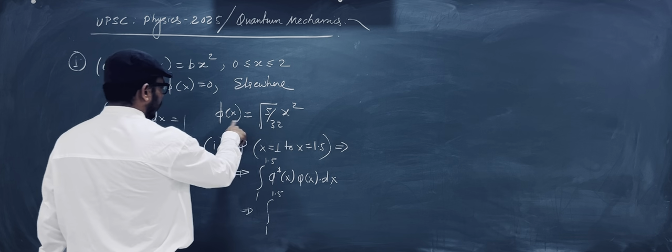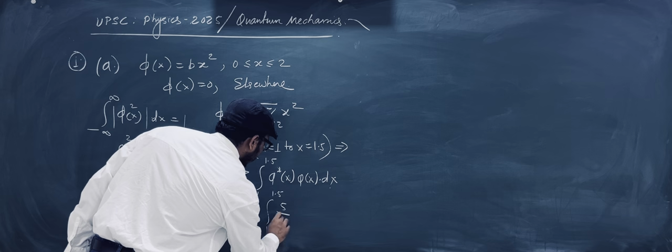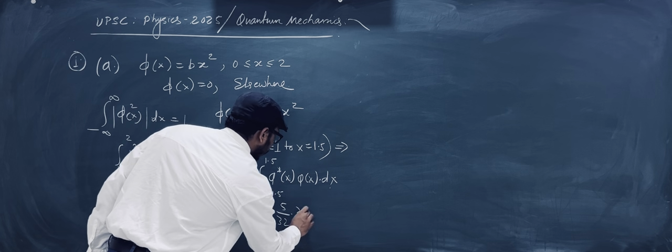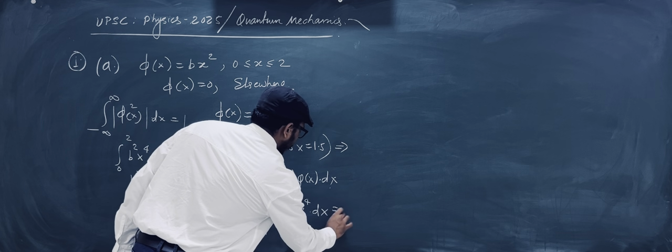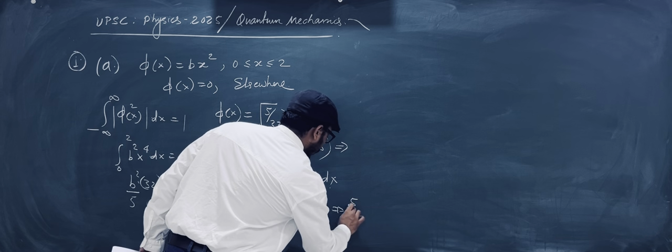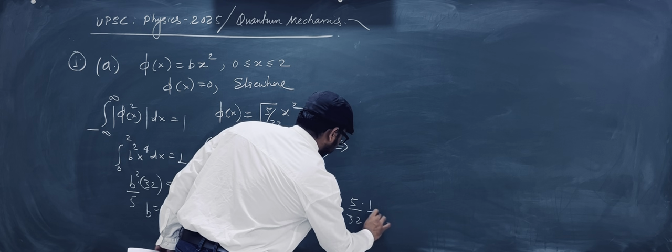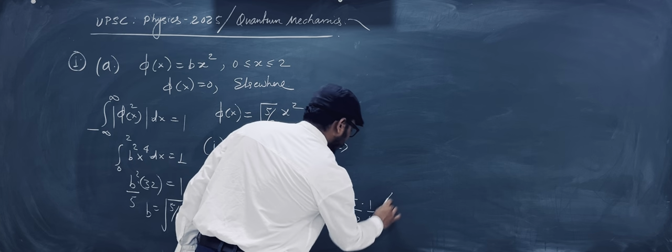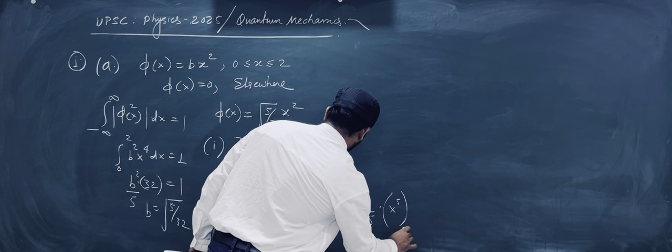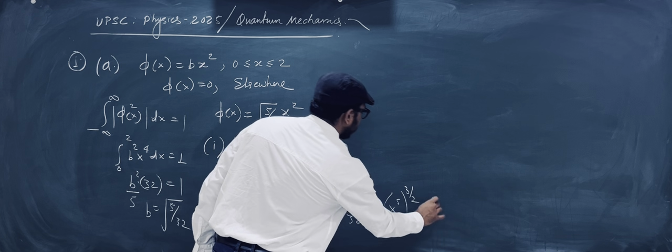The square of this will be 5 over 32 x^4 dx, so this will come out to be 5 over 32 x^5 over 5, and if we put the limits from 1 to 1.5, this can be written as 3 by 2.